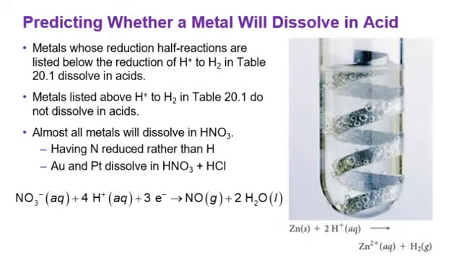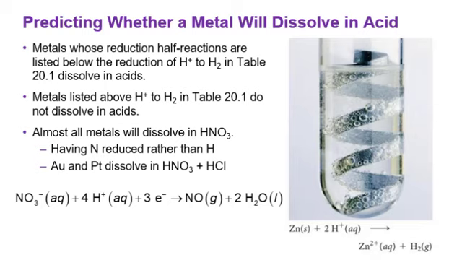So to know whether a metal will dissolve or not in an acid, you will compare the E standard to the hydrogen electrode. Metals below hydrogen in the standard reduction potential table will dissolve in acids, producing H2 gas.